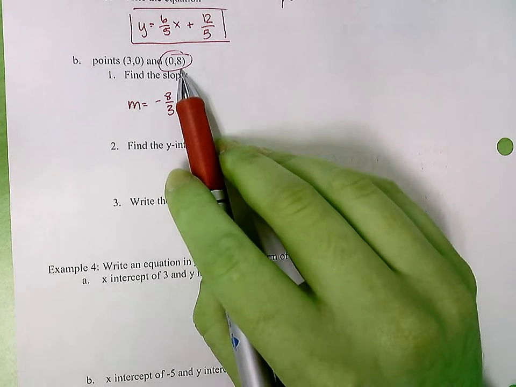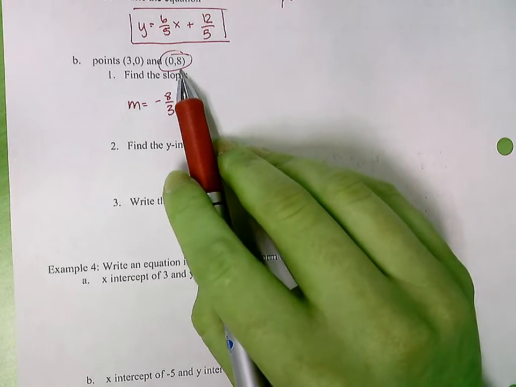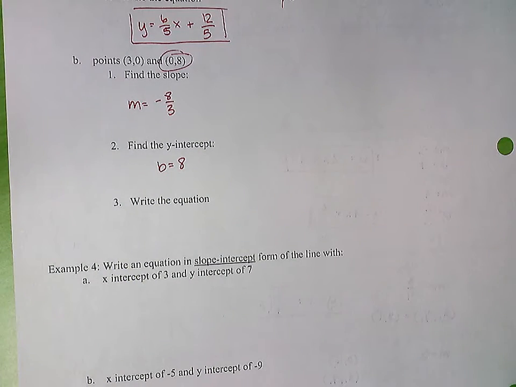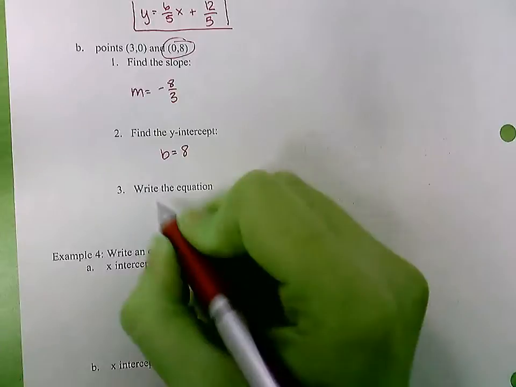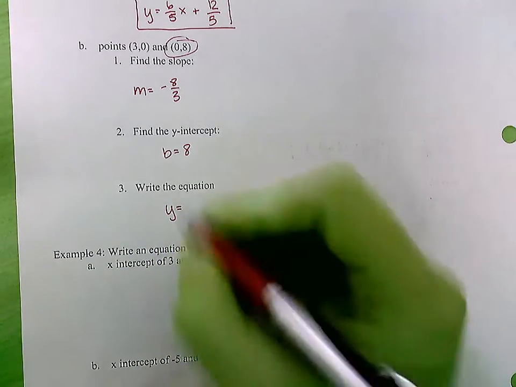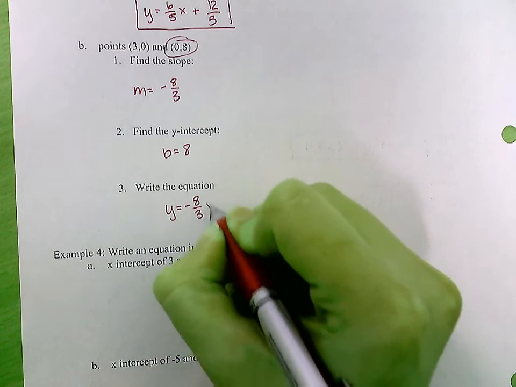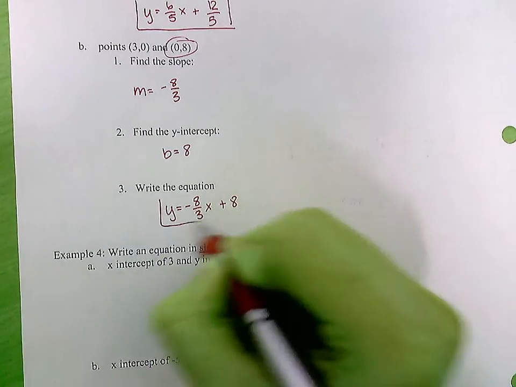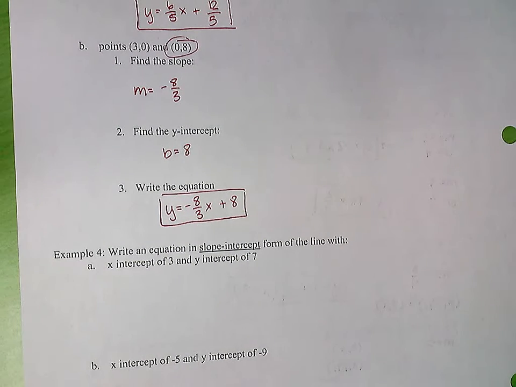You probably still found it by plugging in a point. So you should have gotten 8. Writing out this equation, we have y equals negative 8/3 x plus 8. Questions on letter B? It's still good practice to plug in that point and find 8.